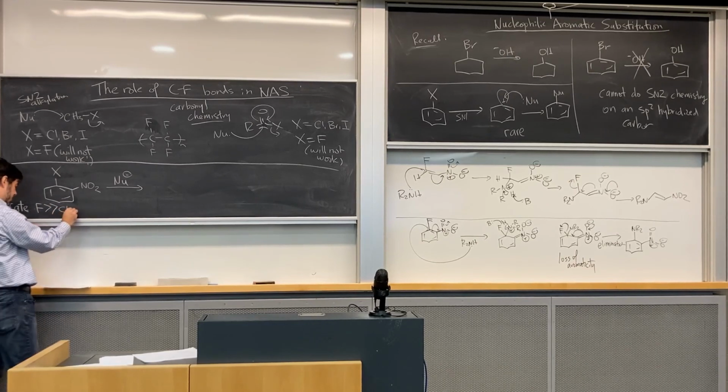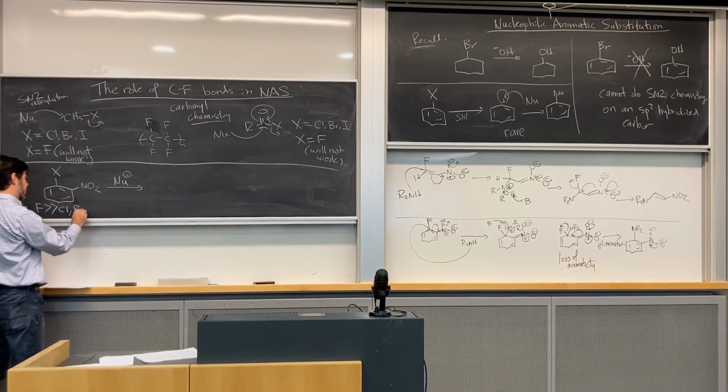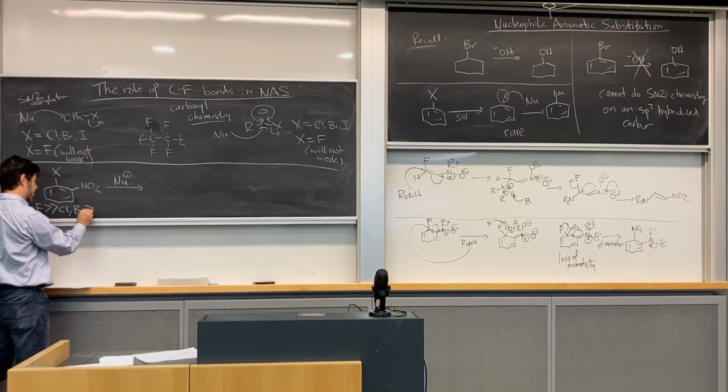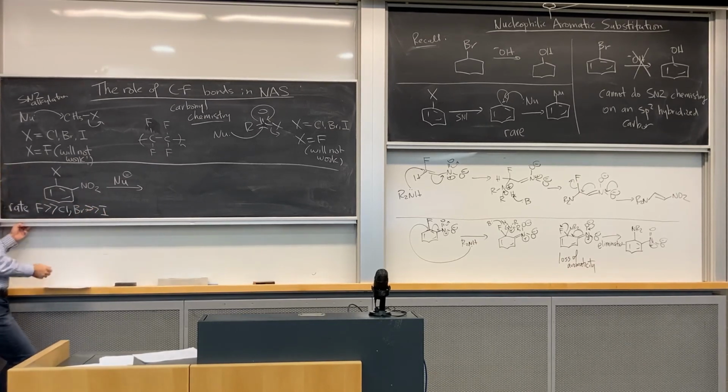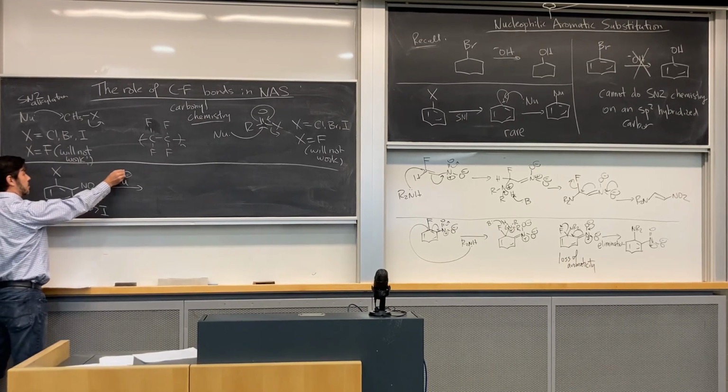Almost never works with chlorine, much bigger than bromine, and much, much bigger than iodine. So it seems to be kind of reverse of what we did with SN2 alkylation. If you do use fluorine, I do want to let you know that this step is very, very slow.